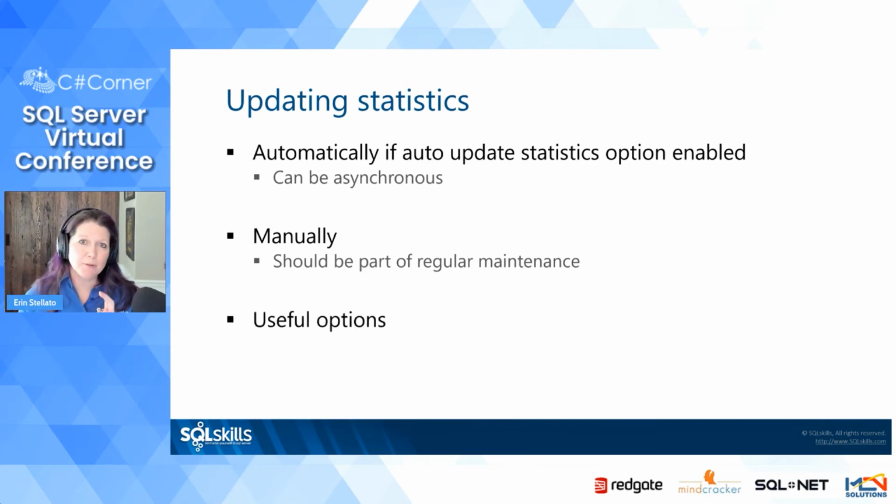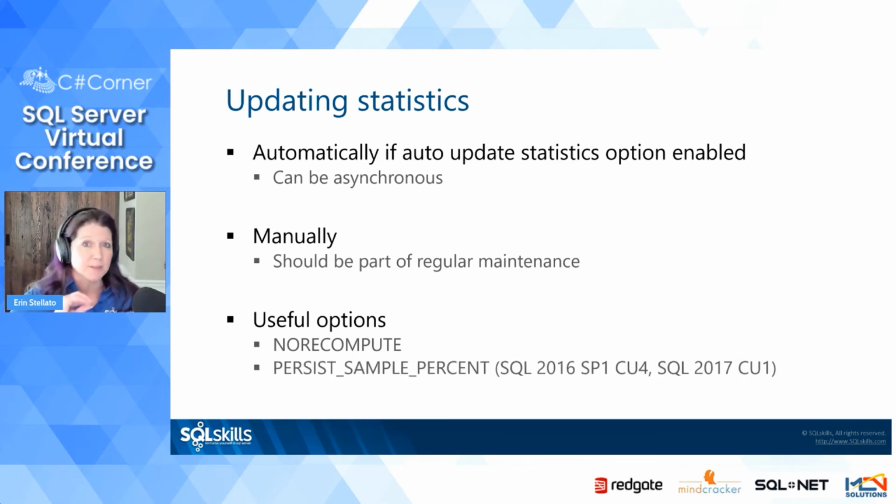And there's a couple options that are really useful when we talk about updating stats. One of them is no recompute, which means if the auto update kicks in, don't update stats for a particular statistic. This isn't something that you enable across the board. This is a calculated strike when you apply that to a statistic.